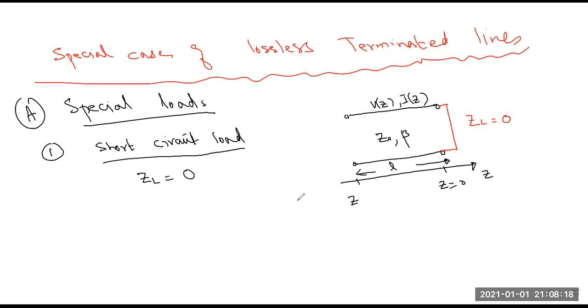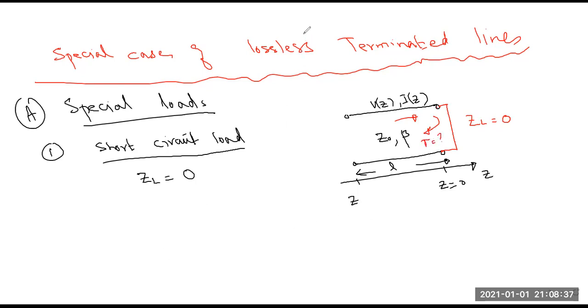Okay, so first of all, we need to find out how much is going to be the reflection at this point. So when signal is coming from the source side, when it arrives at this point, how much is going to be reflection?